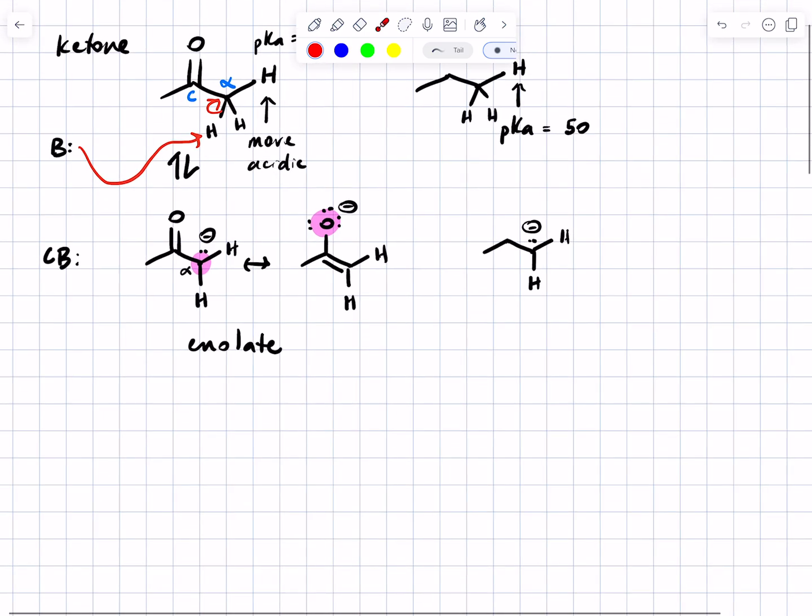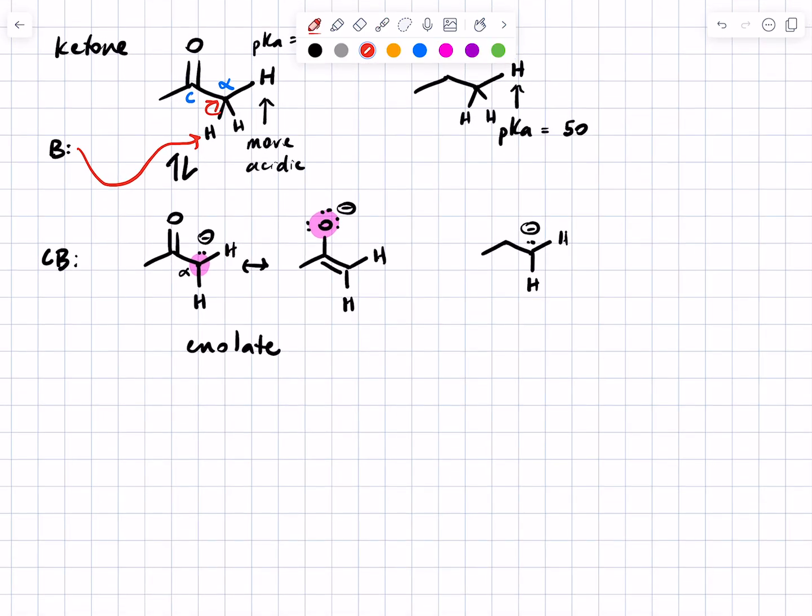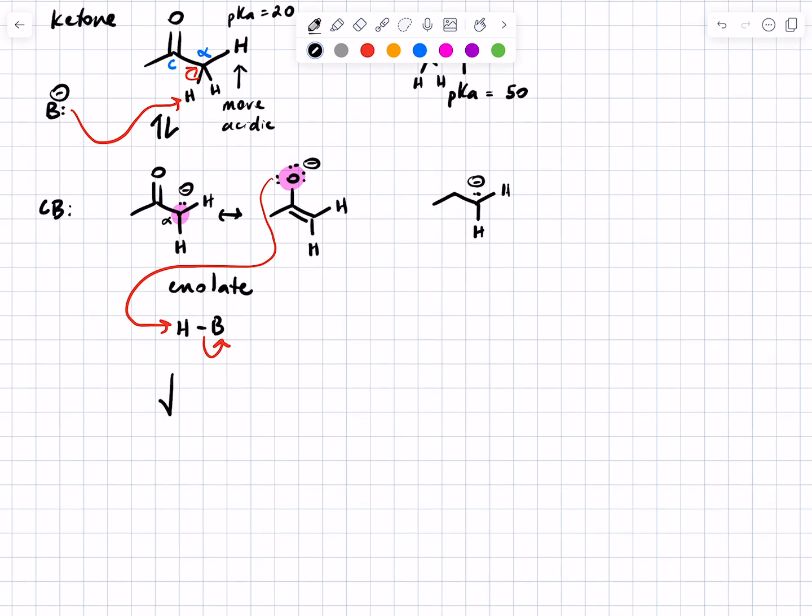The reverse reaction, of course, would be if the negatively charged alpha carbon removed a proton from the base. But if instead the negatively charged oxygen removes a proton from the base and we protonate on that oxygen, we end up with this molecule, which you've seen things like before.